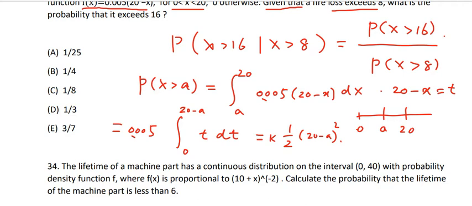So we can easily find the answer: it's (20 minus a) squared. So here it's (20 minus 16) squared, right? Okay, so now it's easy.